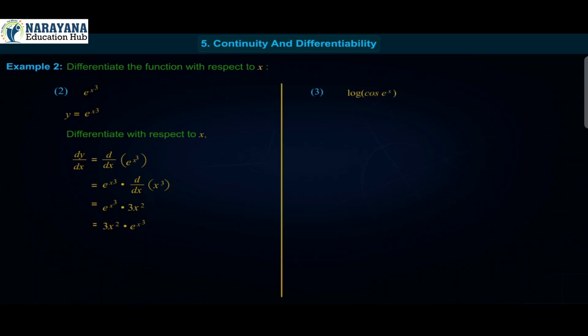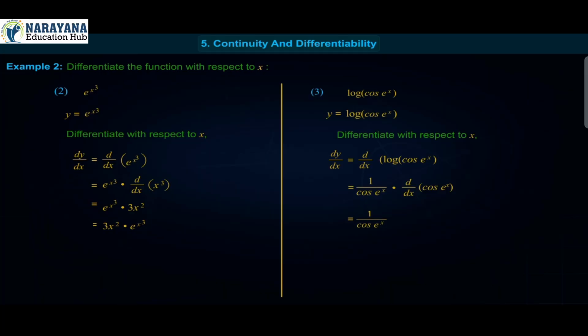Number 3. Log of cos e raised to x. y is equal to log of cos e raised to x. Differentiate with respect to x. dy by dx is equal to d by dx log of cos e raised to x, which is equal to 1 upon cos e raised to x into d by dx cos e raised to x, which is equal to 1 upon cos e raised to x into minus sin e raised to x into d by dx e raised to x.